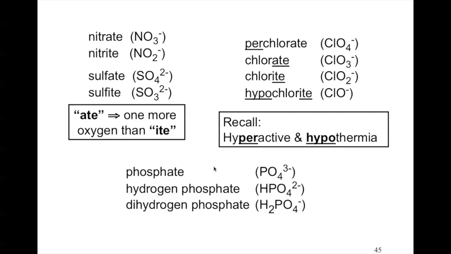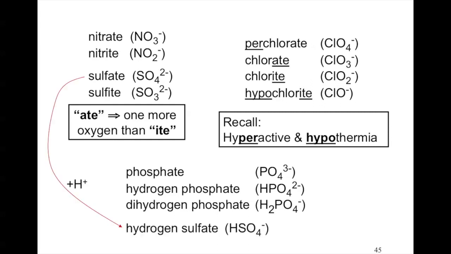All right, the last thing that we need to talk about here are additions of hydrogen ions to polyatomic molecules to make new ones. So for example, if we take a hydrogen ion, which is simply a hydrogen atom with its electron removed, it's just a proton, it has a +1 charge, shown here, H+.